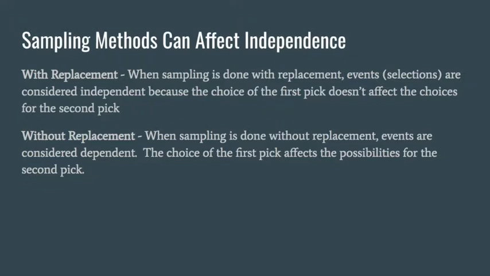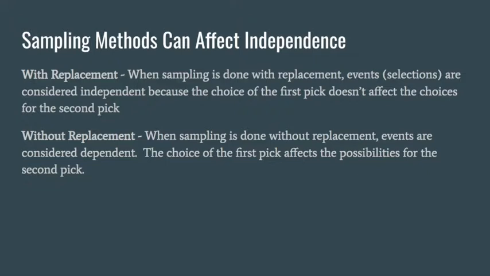Well, if I take the first ace and I put it back in the deck, then the probability for drawing that second ace is no different than it was for the first one, right? That would make these events independent. However, if I take that ace that I drew the first time and I leave it out when I go back in to draw the second card, now the probability of getting an ace is a little bit different, right?